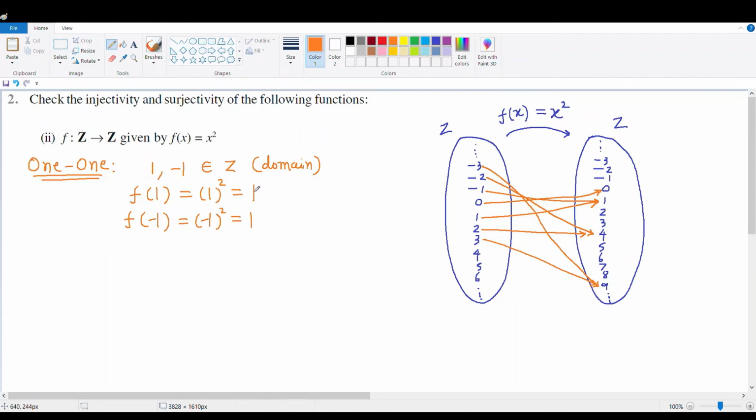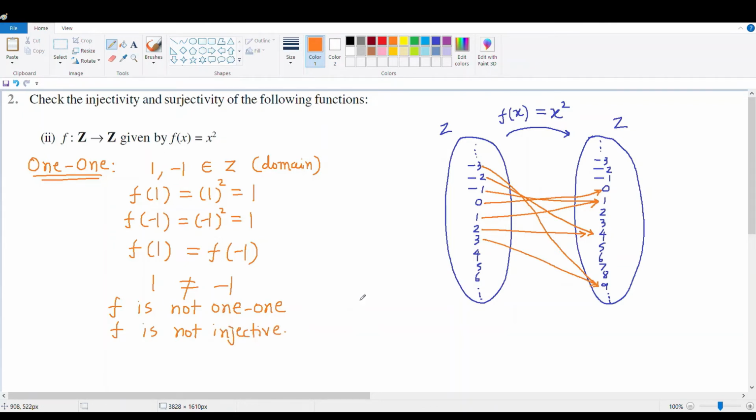So even though f of 1 is equal to f of -1, 1 is not equal to -1. So f is not 1-1. That means f is not injective.